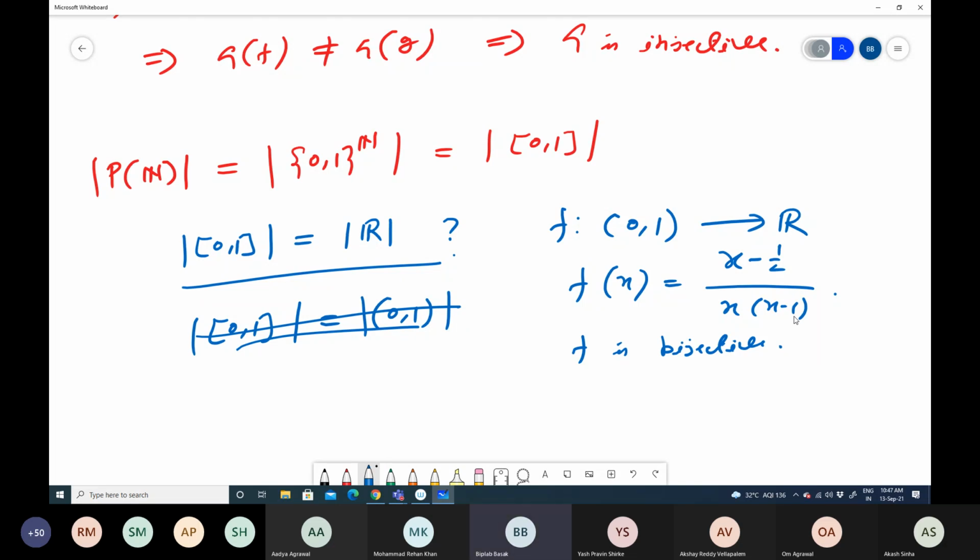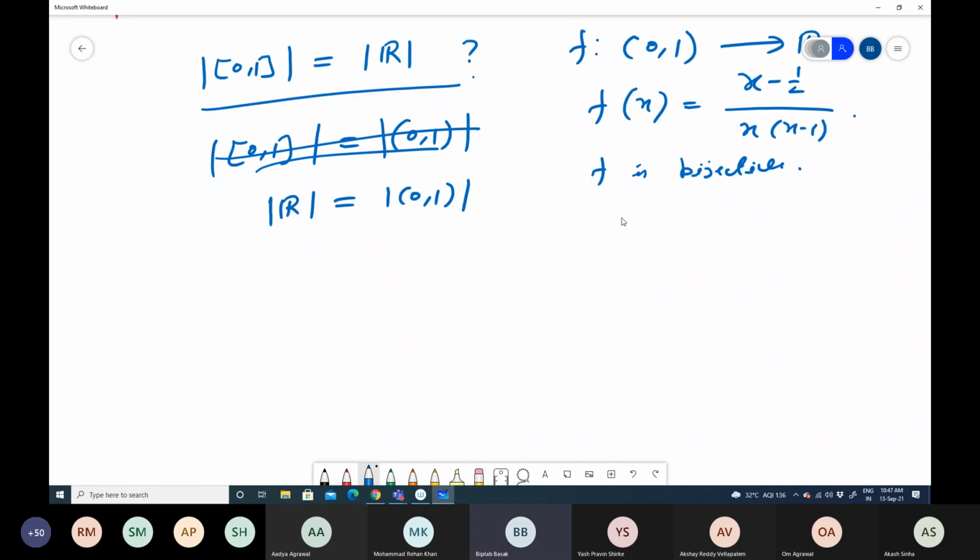Right. So you get it is a bijective function. So that means the cardinality of R is the same as the cardinality of (0, 1). In other words also, (0, 1) is a subset of closed [0, 1].